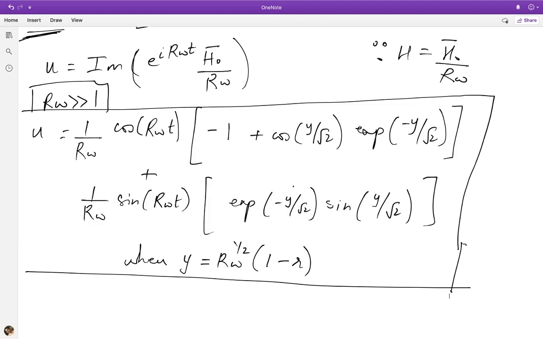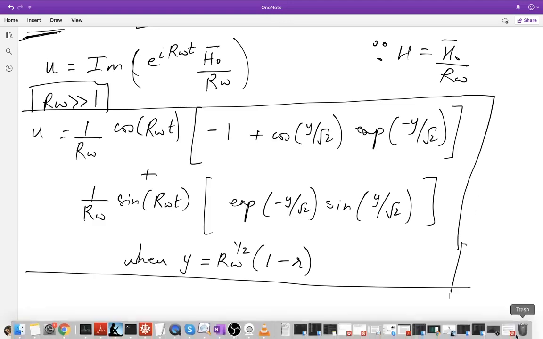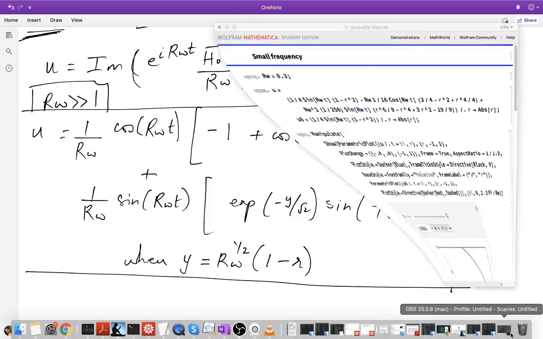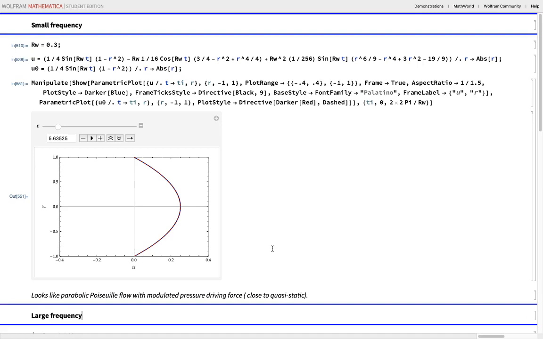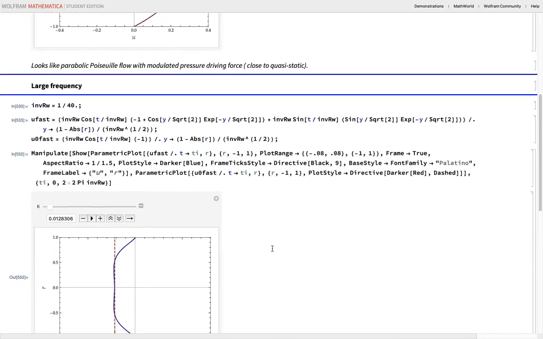Alright, so now let us do what we had done in the case of the small frequency limit. Let's go to Mathematica and let's look at what the form of the solution is if I plot it. So you see here I have now given a value for inverse RW, which is basically 1 by RW.